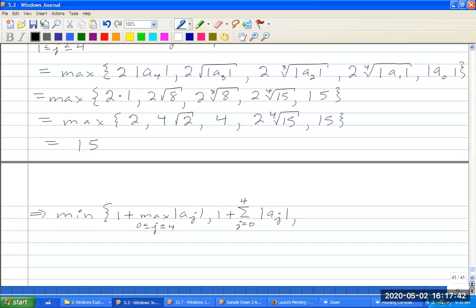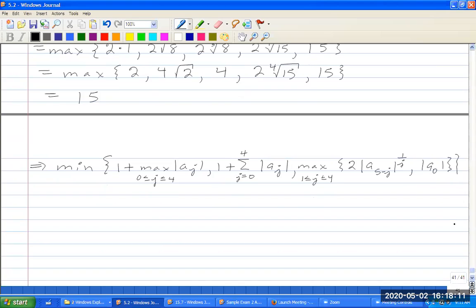And then the last number we just did, the maximum, for j from 1 to 4, of 2 a sub (4 minus j), to the 1 over j, and a sub 0. Okay, so let's figure out what that is.